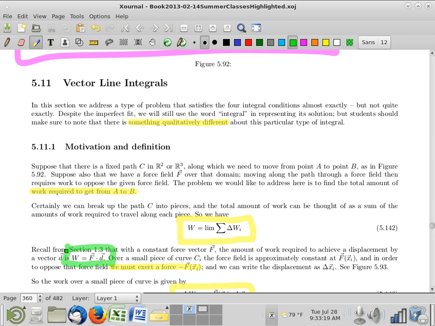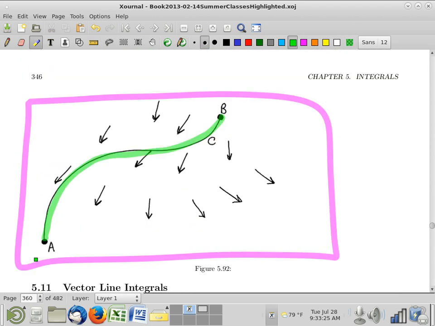This formula, though, still makes certain assumptions that are not always true. This assumes that the force is constant over the entire process. Well, here, the force that's being applied on me looks like about like that, whereas at this point over here, the force that's being applied to me is about like that. That's a different vector. So I can't, in this situation, just say, oh yeah, just take the force and dot it with the displacement.